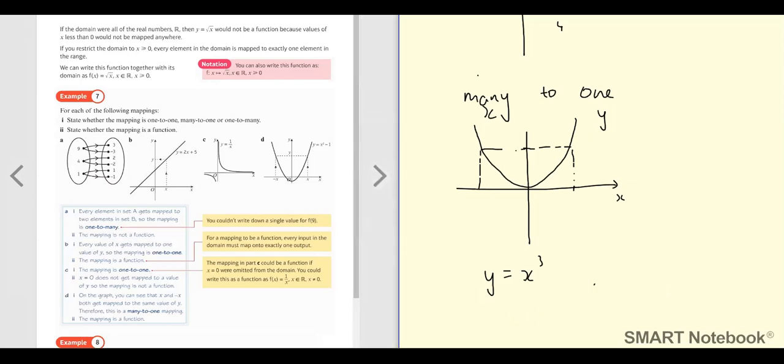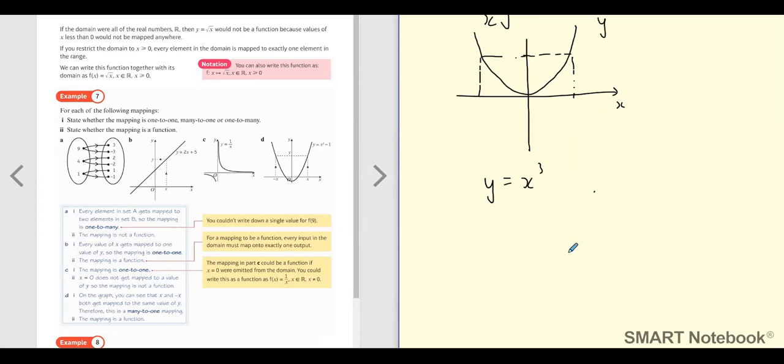Right. It's a bit angry in there. All caps, caps lock. If I sketch y equals x cubed, I get a graph that looks like this.